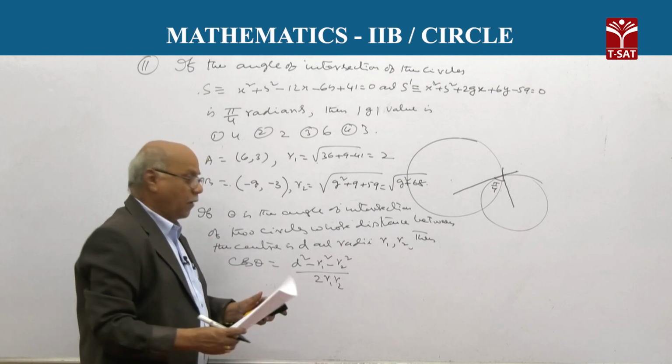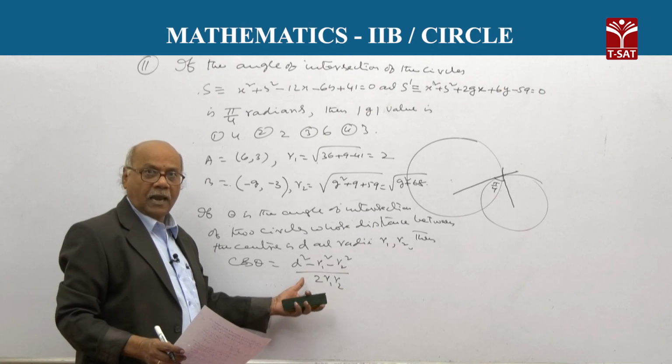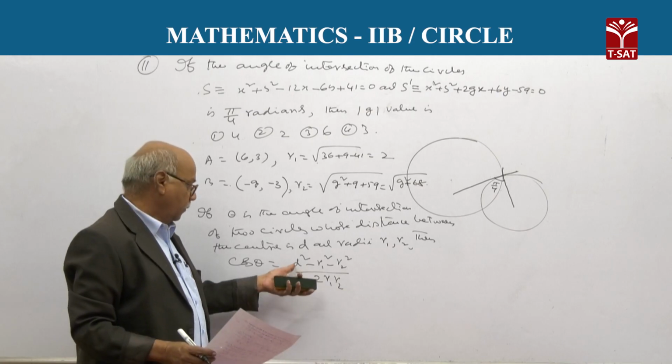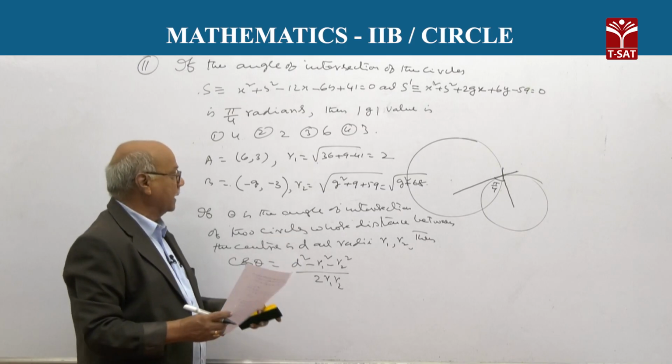That is the formula for the angle of intersection of two circles, where D is nothing but the distance between the centers of the circles.